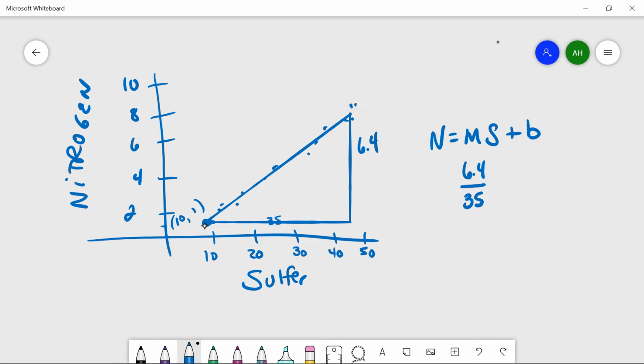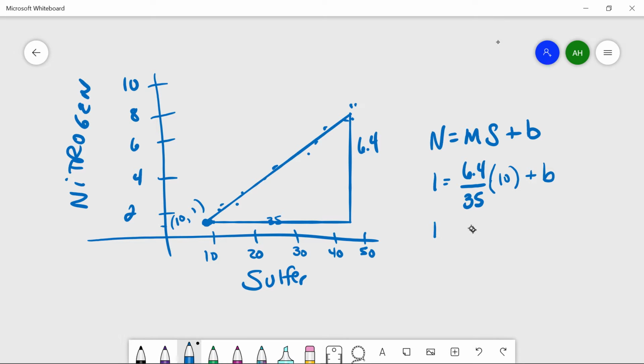Okay, say I like this point down here. All right, so on the y-axis, on the n-axis, it's up 1, so I'm going to put a 1 in there in place of the n. Okay, over here on the sulfur axis, it's over 10. So I'm going to put a 10 in there for the s. All right, put the b, and I'm going to solve for b.